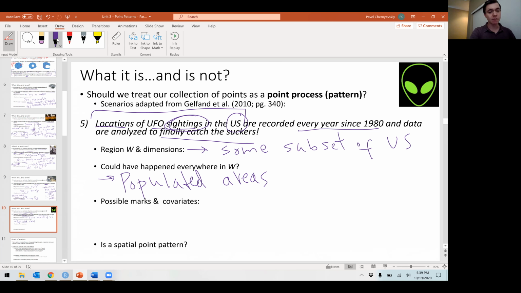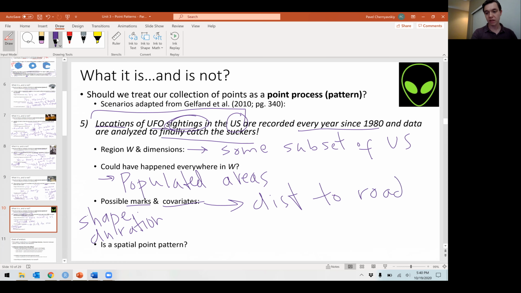Starting conspiracy theories. Possible marks is maybe the shape. That's actually a variable. The shape of the reported sighting, the duration of the sighting. But what about covariates? That's again a characteristic of the space in which our event occurs. Maybe it's distance to road. Maybe it's elevation.